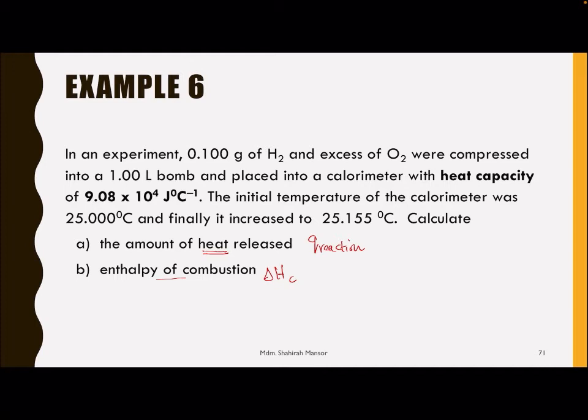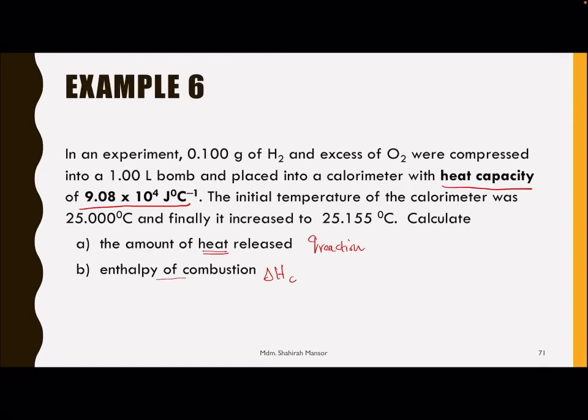Yes. We have heat capacity of the calorimeter only. So we can make the assumption that energy released from this reaction will be absorbed by the calorimeter only. So the calorimeter will be the only surrounding in this problem. Alright, now let's work out the solution.